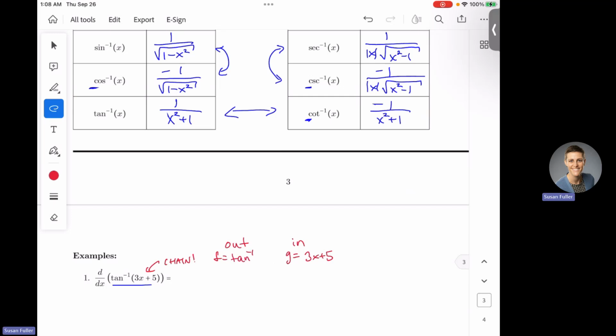Yep, it is the arctangent of x. And so now I'm just going to take my derivatives of each piece here. The derivative of arctangent of x is 1 over x squared plus 1. And the derivative of my g, the derivative of 3x plus 5, is just 3.